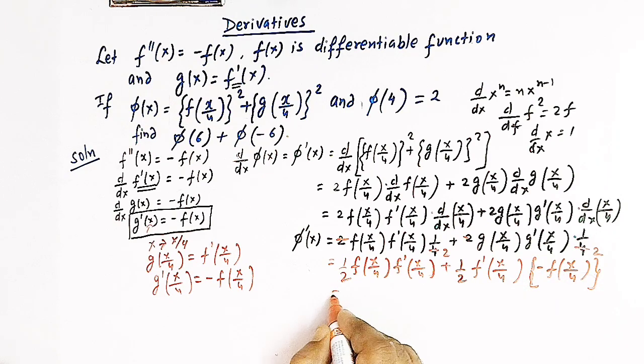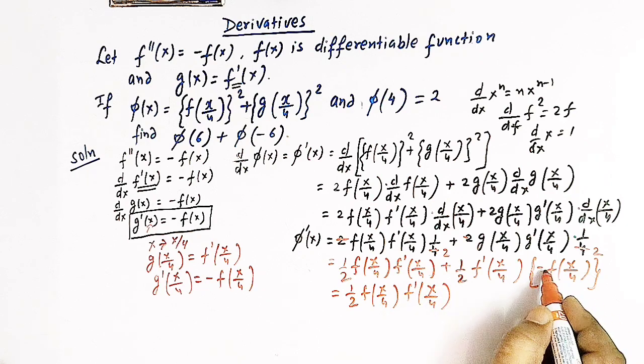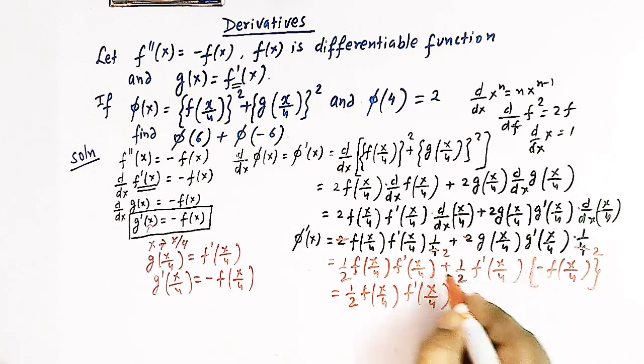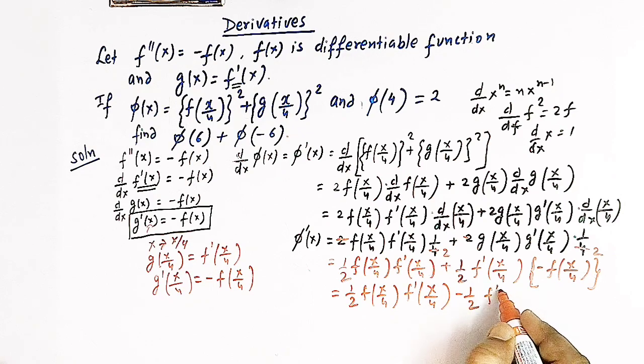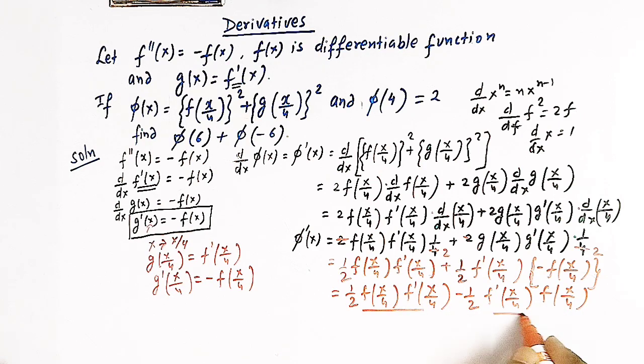Okay, so now we can see that here we have half f of x over 4, f prime of x over 4, and we can take this negative sign over here. So we have minus half f prime of x over 4, f of x over 4. So these two terms are now identical, right? So this term is equal to this term.